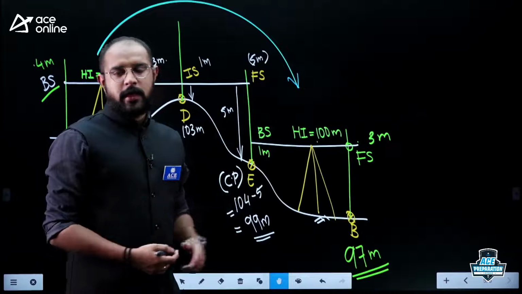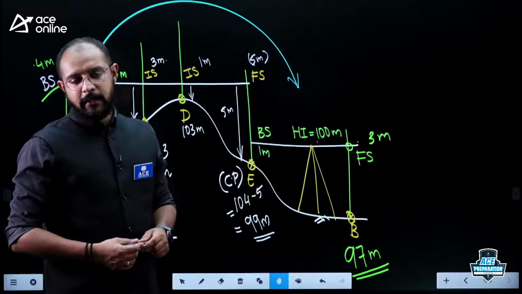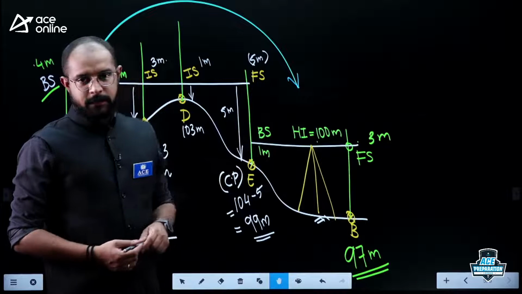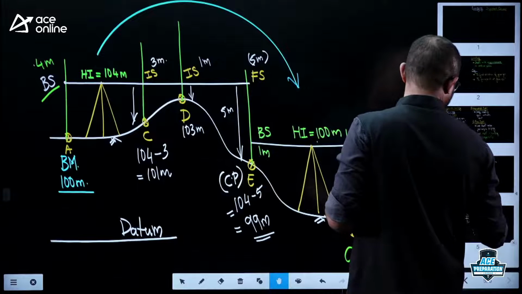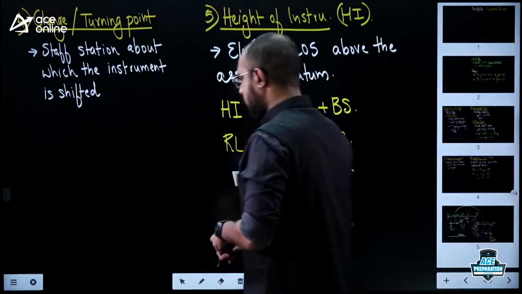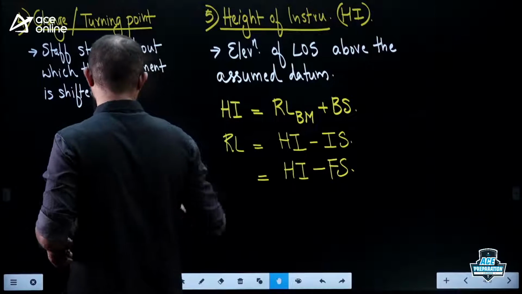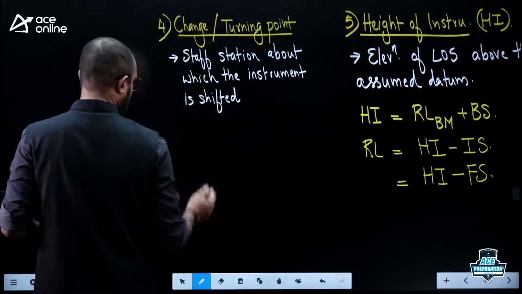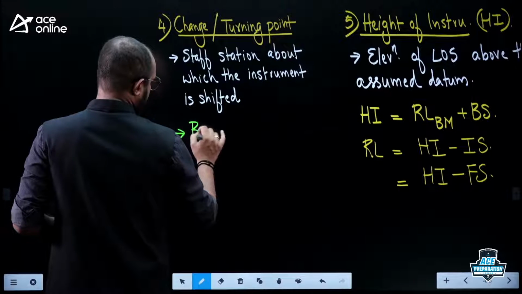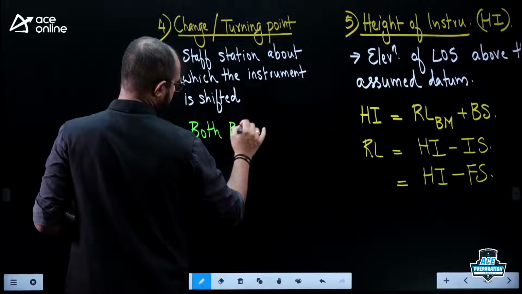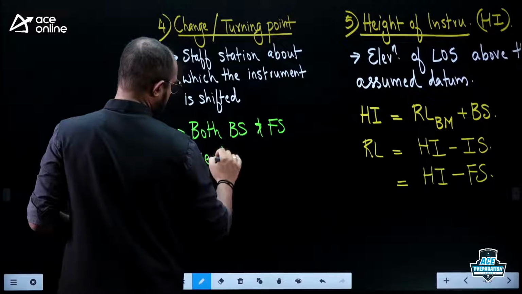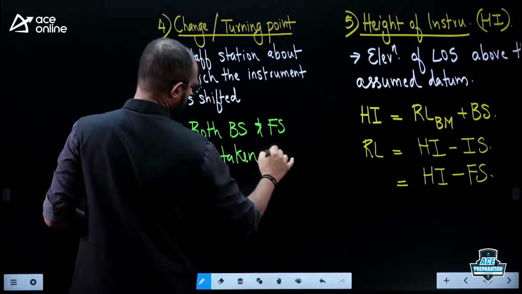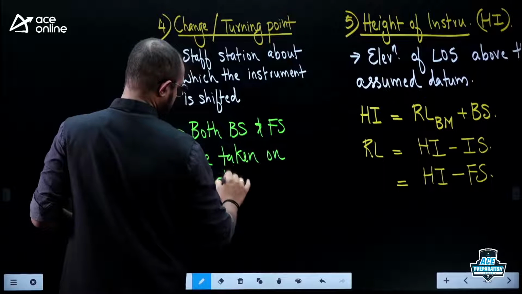The second reading that you take on a change point is what we call a backside. Upon a change point, both foresights and backsides are taken. So I'll add that point here: both backside and foresights are taken on a change point.